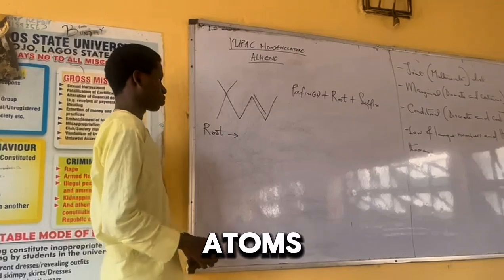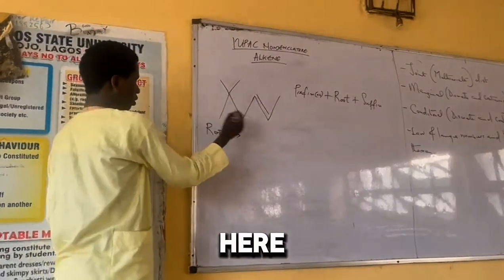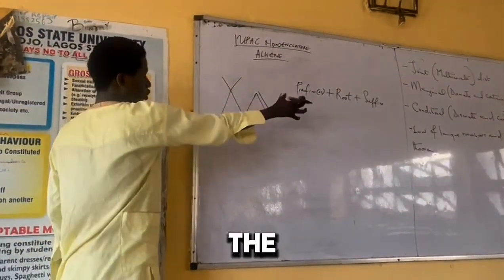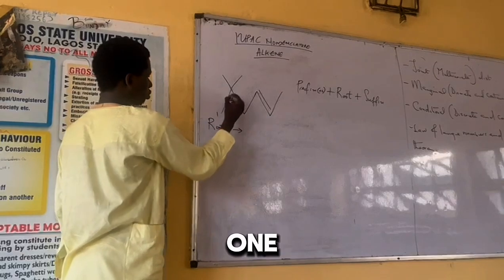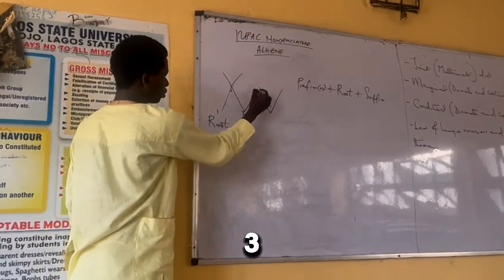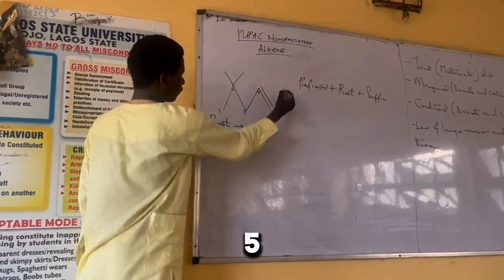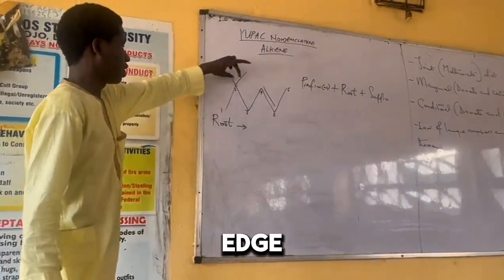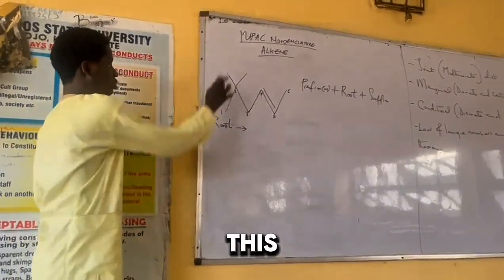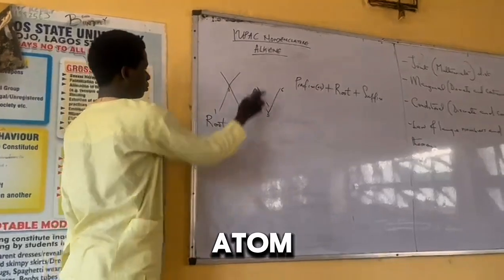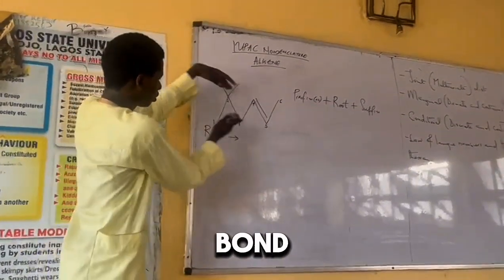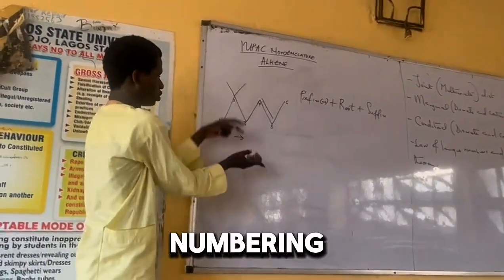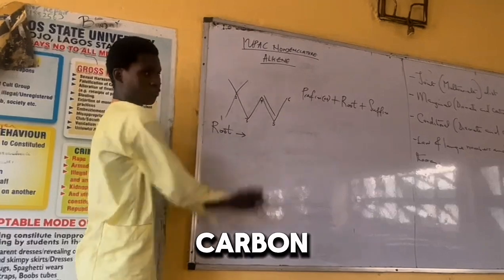Now, if you are considering the forward numbering, we have 1, 2, 3, 4, 5, 6. For a skeletal structure, each edge represents a carbon atom: carbon atom here, here, and here. So the double bond, with forward numbering, is between carbon 4 and carbon 5.